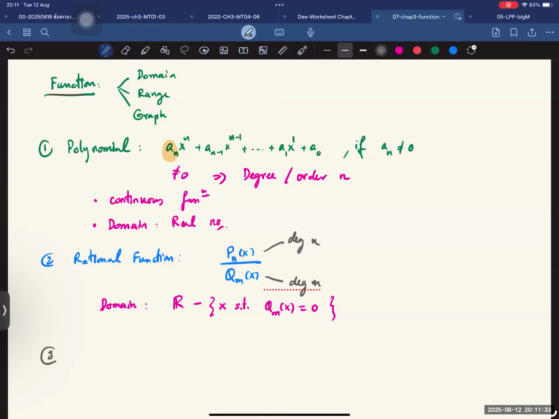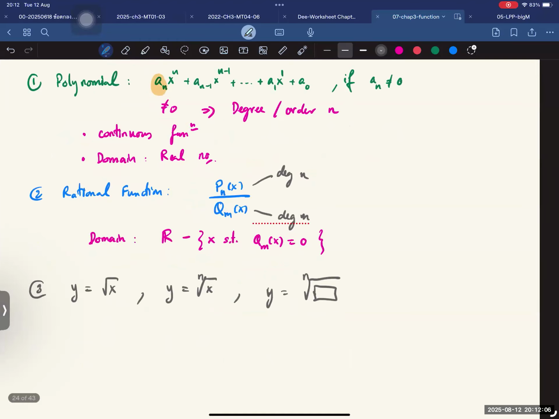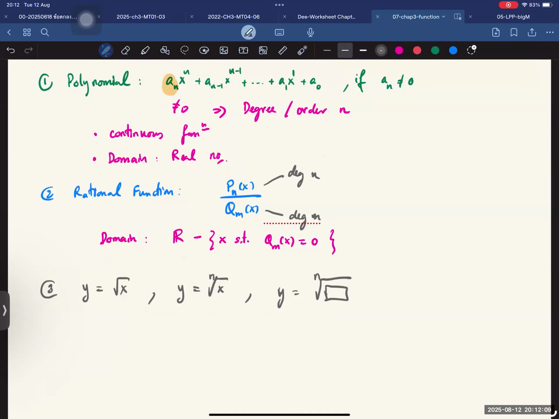Another thing is x to the power of a rational number. For example, we have the square root of x, or the n-th root of x, or it may be y equal to the n-th root of something else.